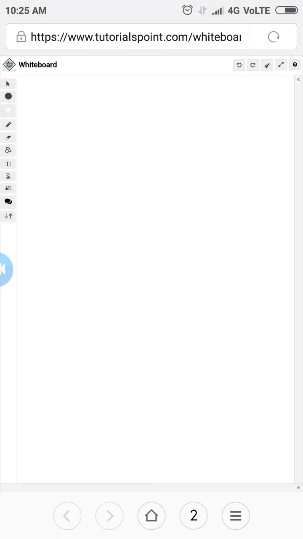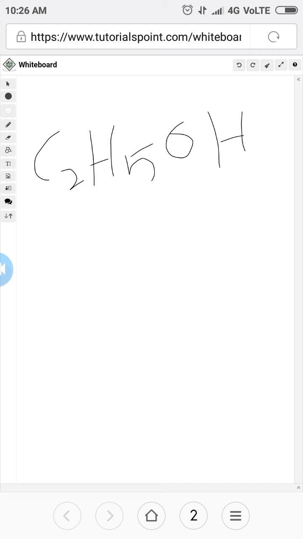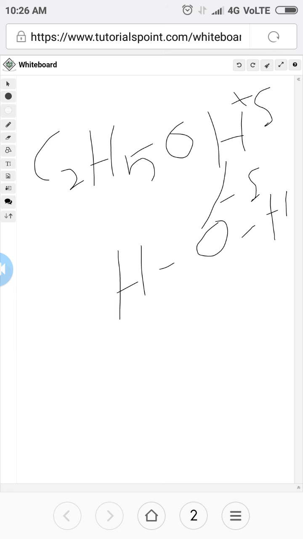Similarly, in the aqueous solution of ethanol, it associates with the water molecules through hydrogen bonds.